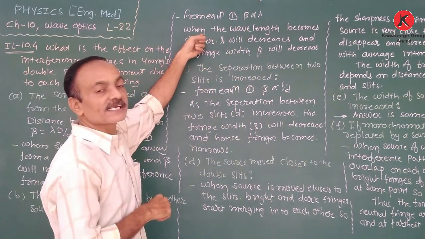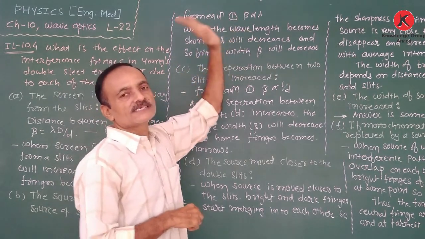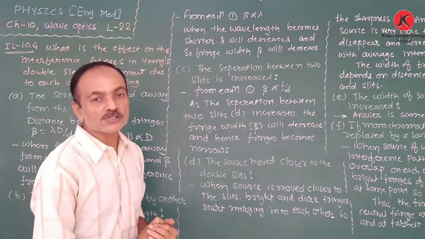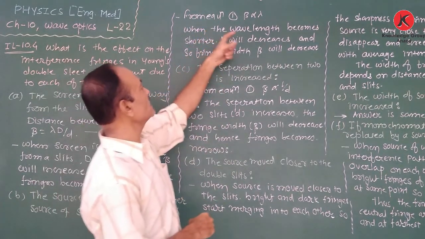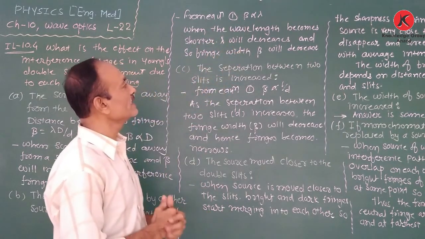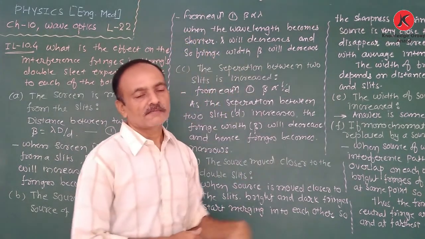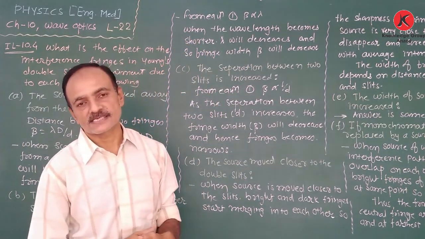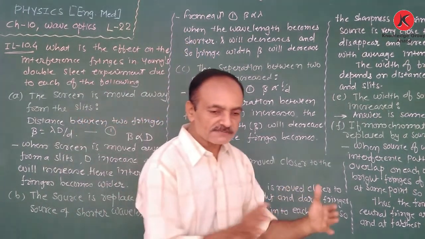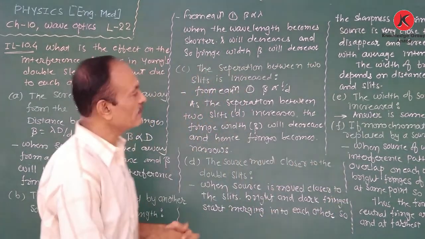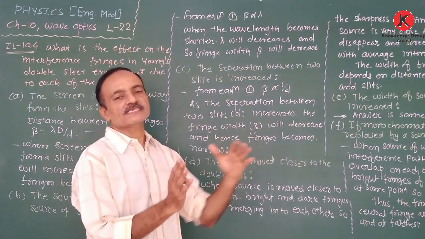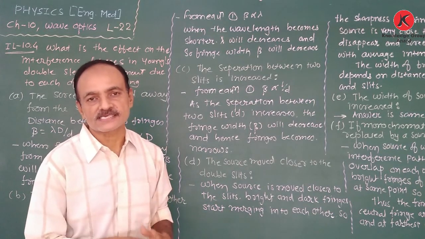As the wavelength decreases, the separation between the two fringes also decreases. So the wavelength becomes shorter, lambda decreases, and hence the fringe width beta also decreases. That means the two fringes become very close, and the separation between them decreases.